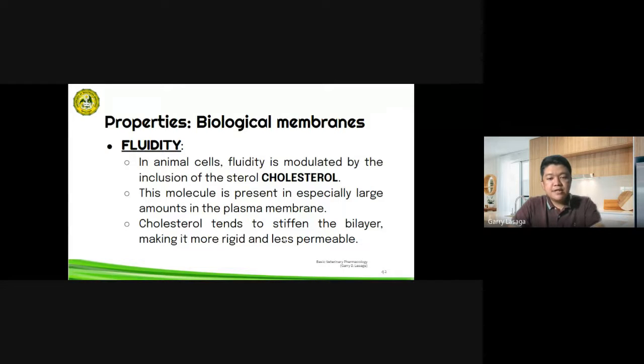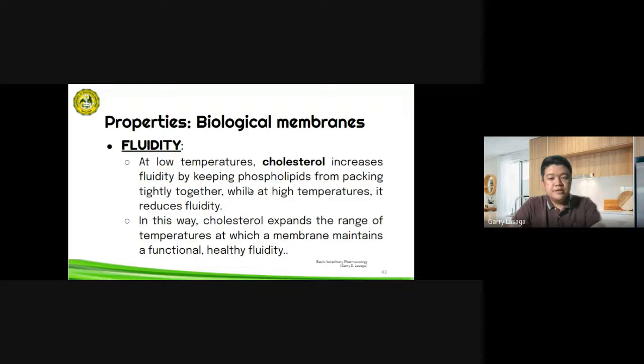Cholesterol tends to stiffen the bilayer, making it more rigid and less permeable. Depending on the temperature, at low temperature, cholesterol increases the fluidity by keeping phospholipids from packing tightly together, while at high temperatures, it reduces the fluidity of the membrane.